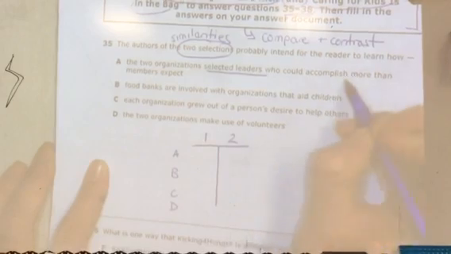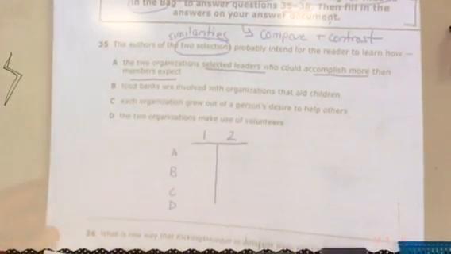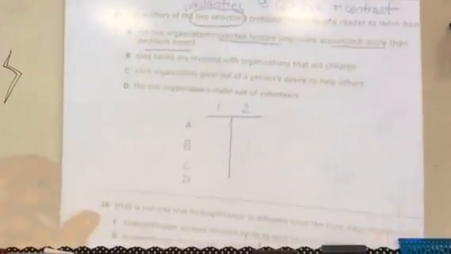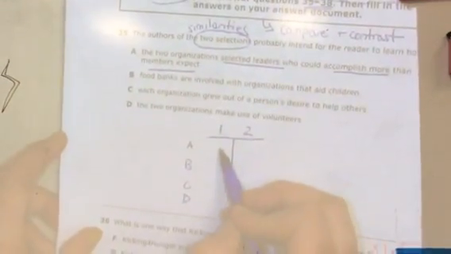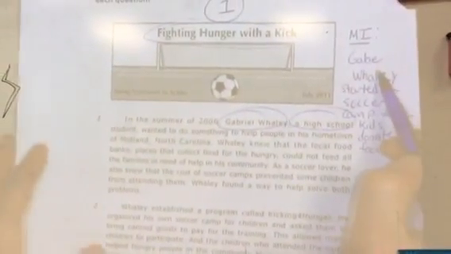Answer choice A, the two organizations selected leaders, I'm going to underline that, who could accomplish more than members expect. Okay, so I'm going to think back to both of these organizations. Who are their leaders? Well, in passage 1, our leader, as I wrote in Fighting Hunger with a Kick, is Gabe Whaley.